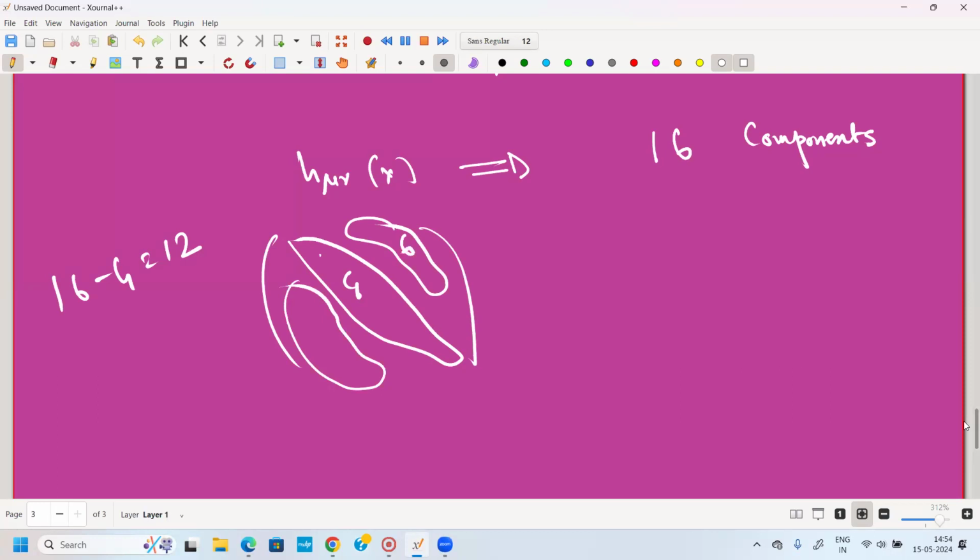So here is 6 and here is 6. But due to symmetry, h_mu nu is equal to h_nu mu, so the upper triangular components are exactly equal to the lower triangular components. So how many independent components? The diagonal, plus any one of the lower or upper triangular parts. Therefore, we have 10 independent components.